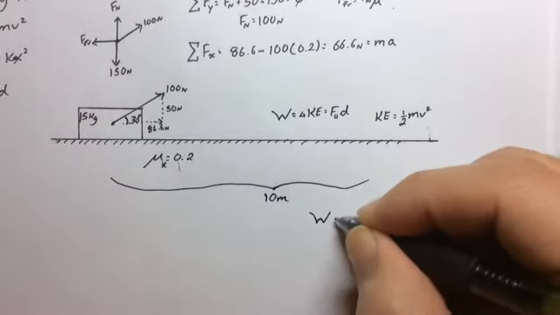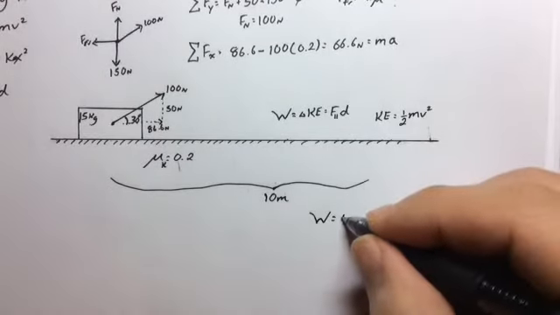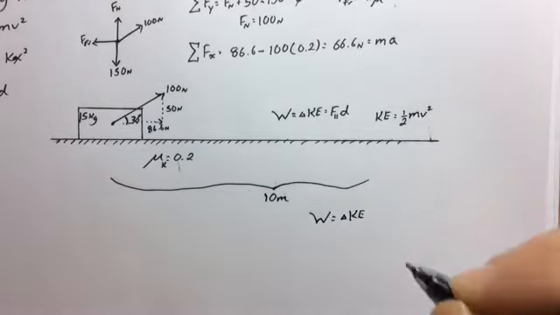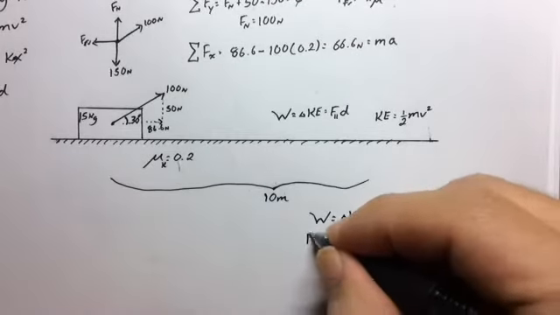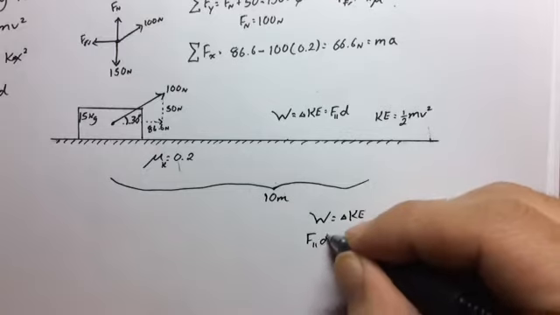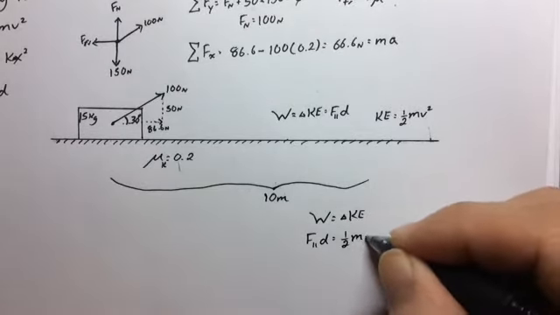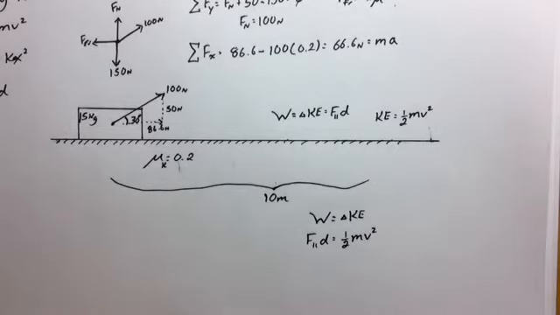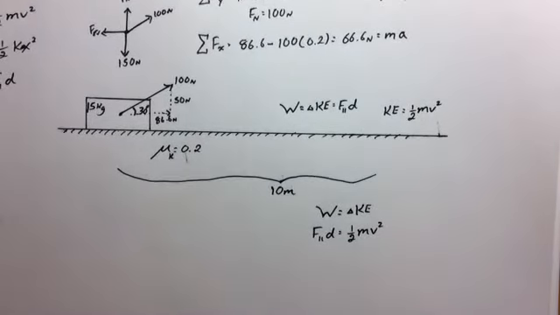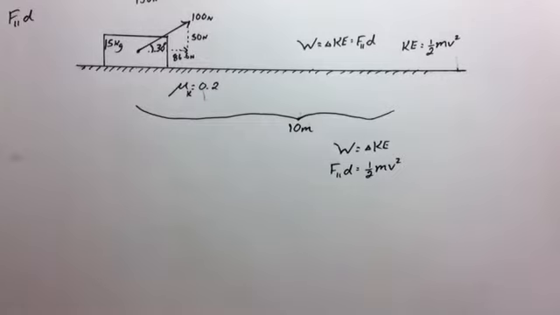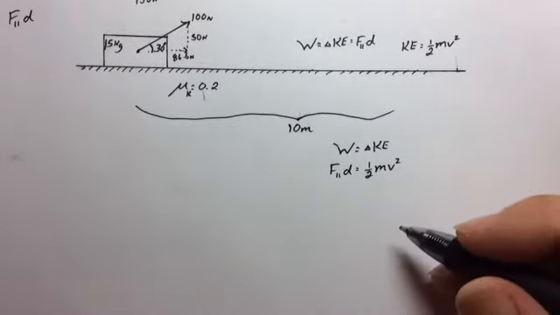The work done is equal to the change in kinetic energy, right? The work done is a force applied for a certain distance. Kinetic energy is 1/2 mv squared. Because the change that we're going to have, it goes from 0 to something, and so the change is just 1/2 mv squared, whatever we get.